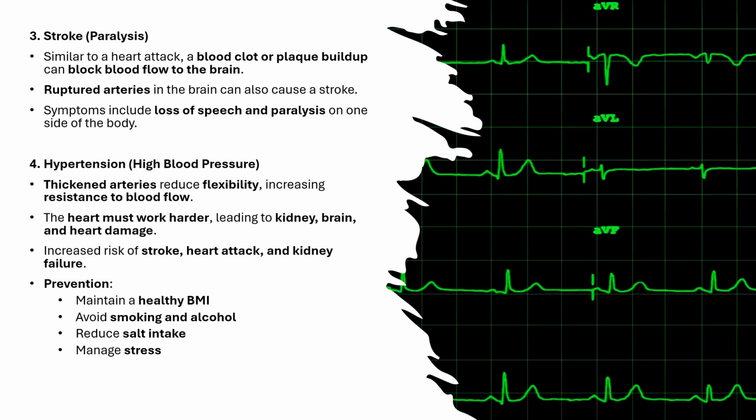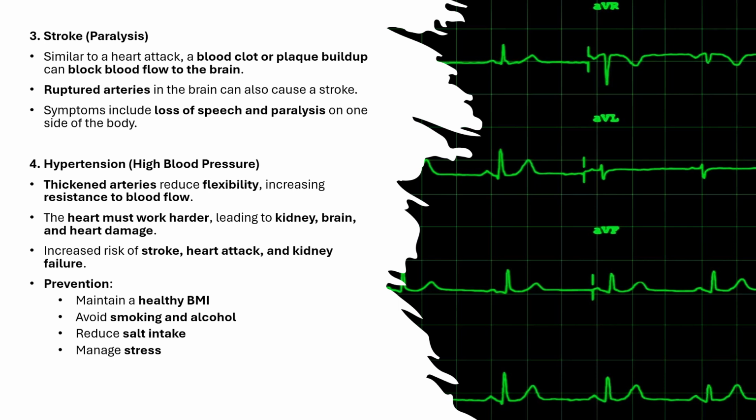Then there's hypertension, commonly known as high blood pressure. This is caused by thickened arteries. So the arteries have some sort of a resistance build up within their walls, because they have to have some resistance against the blood pressure coming with the blood flow from the heart.